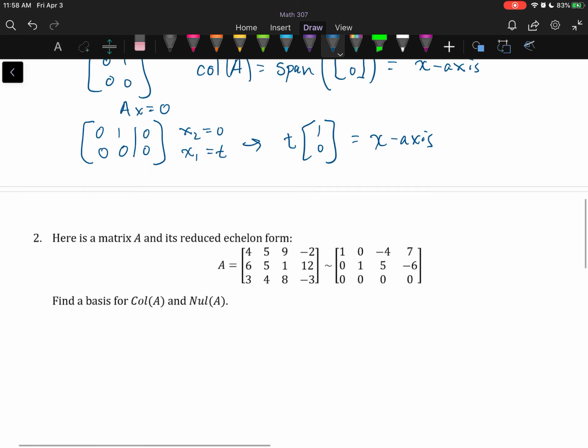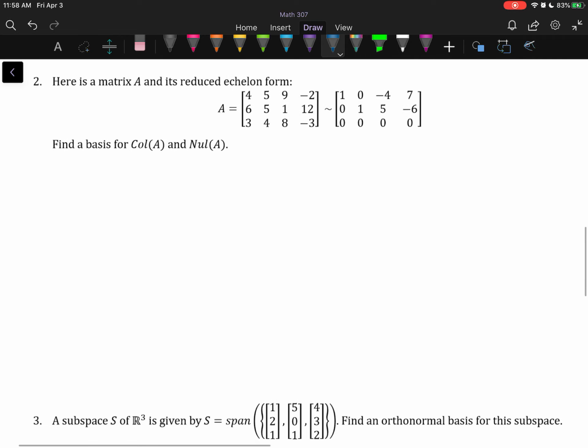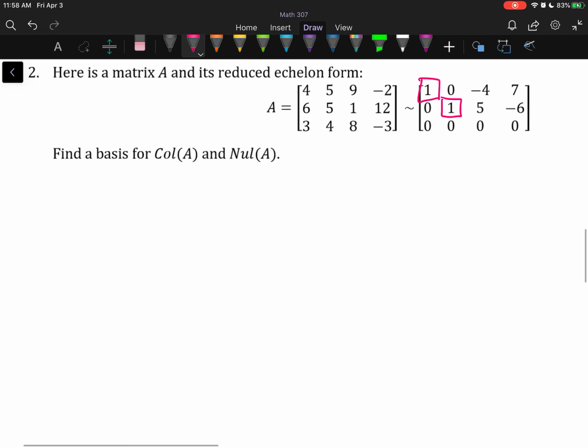Okay, anyways, number 2. Here's a matrix in its reduced echelon form. Since we already have the reduced echelon form, this won't be too bad. We just need to find a basis for the column space and the null space. So we have 2 pivots. That means that we can pick these 2 vectors as the basis for our column space.